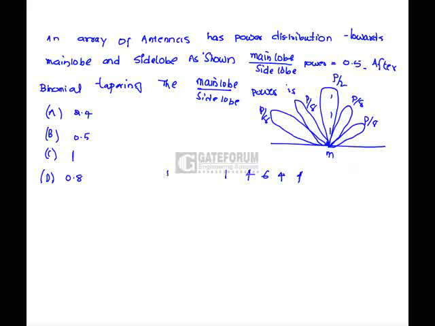So the binomial tapering must be this one. The main lobe power is P by 2 into 6, that is 3P after tapering.